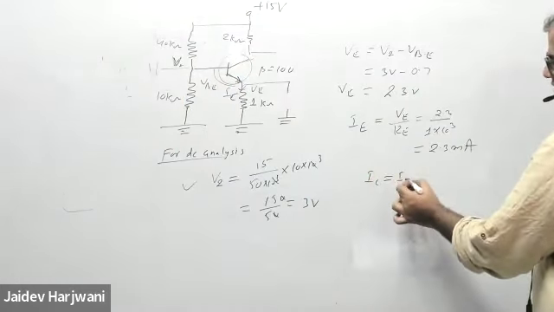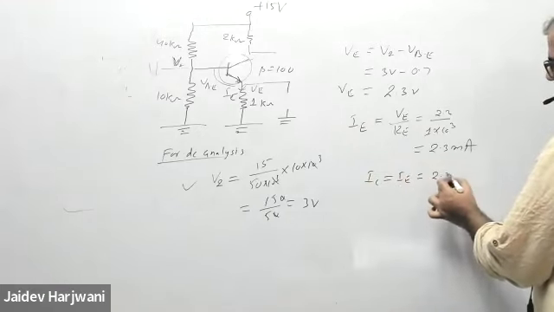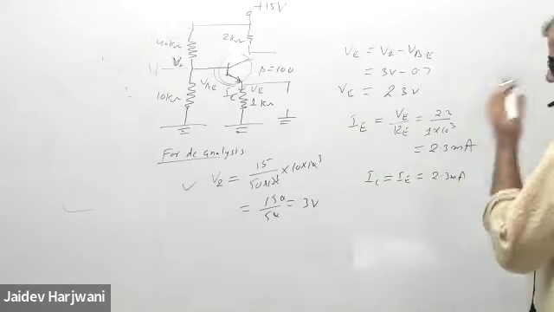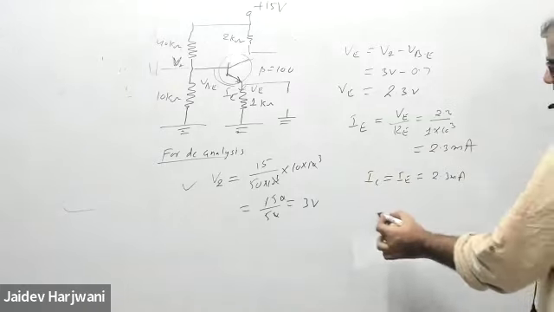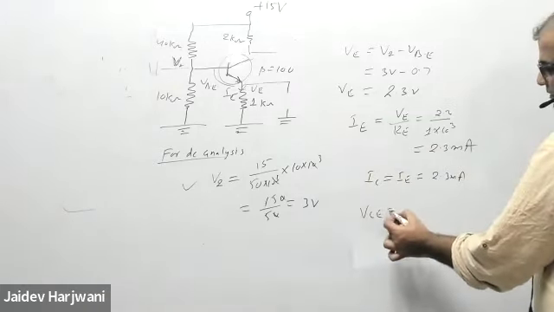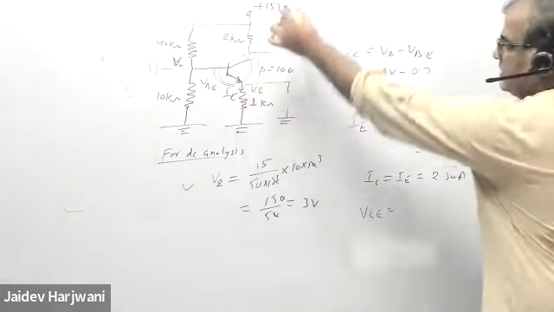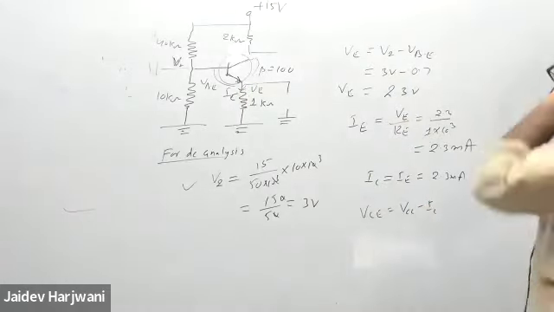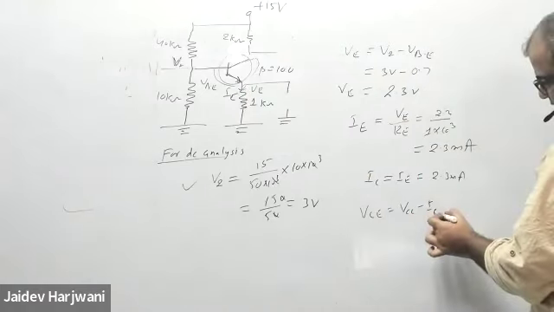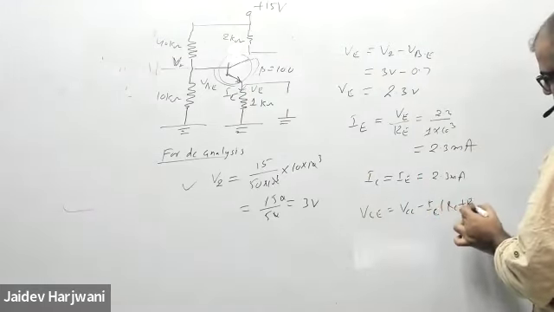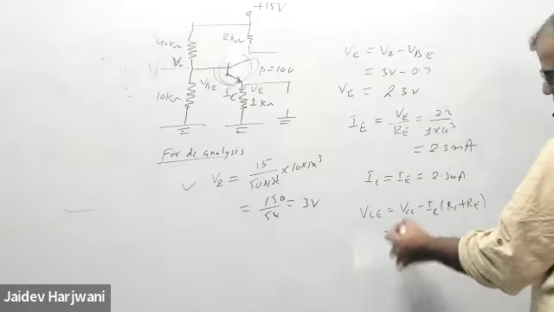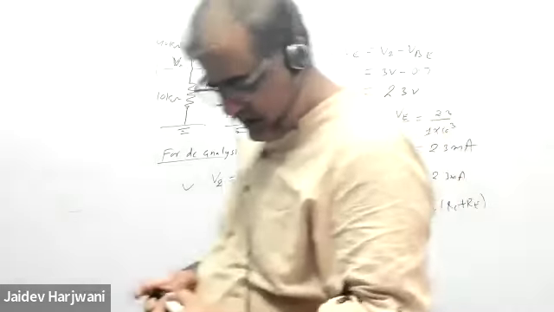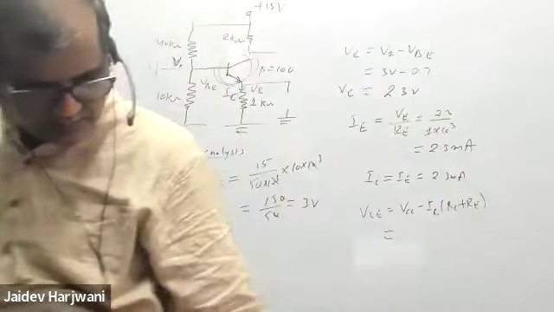IC will be almost equal to IE, that is 2.3 milliamps. And tell me what is your VCE? VCE will be VCC minus IC times RC plus RE. Tell me what is the value of VCE? How much is it coming?